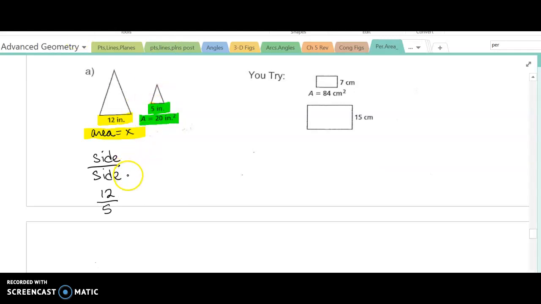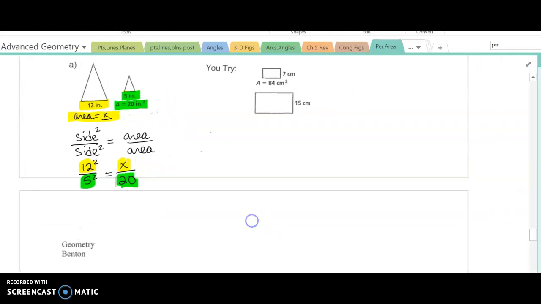If you take that and square those numbers, you get the area ratio. So 12 to 5, squared, will be equivalent to the area of the first one compared to the area of the second one, which is 20. So how do we solve this?